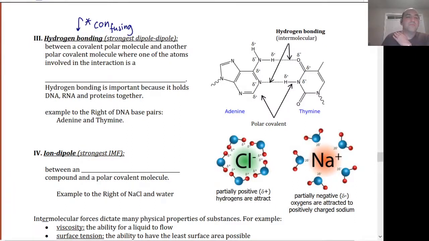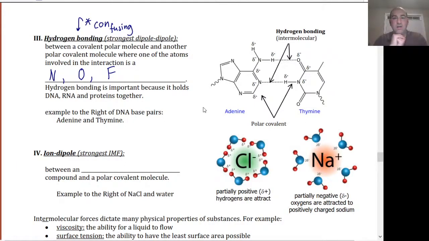So this happens whenever one of the atoms involved in the interaction is an N, an O, or an F. You may remember those as the most electronegative elements.